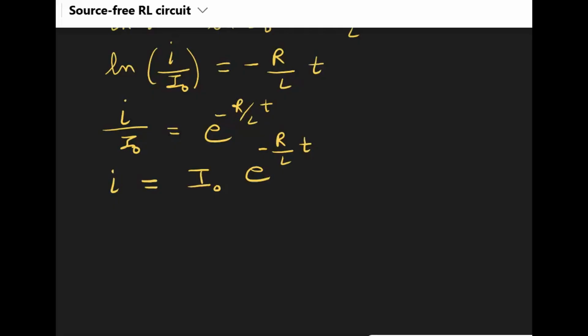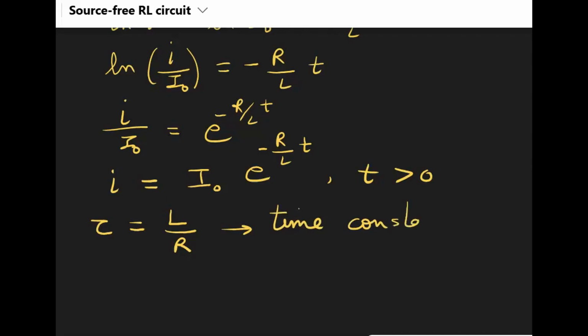This holds for t greater than 0. Here tau equals L by R. In RL circuits, tau is defined as L by R, which is the time constant. Now substitute this tau in the equation.